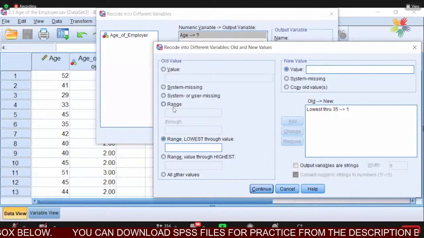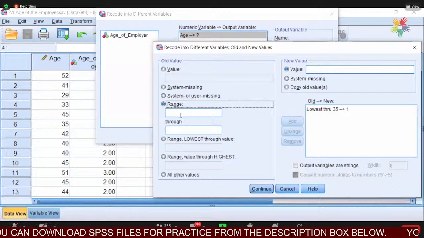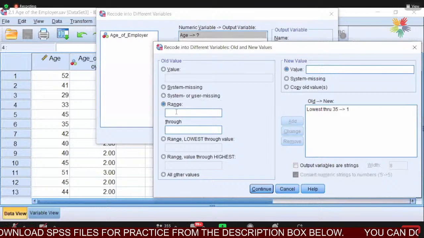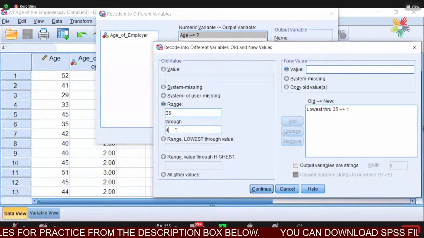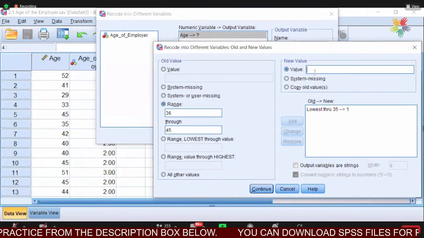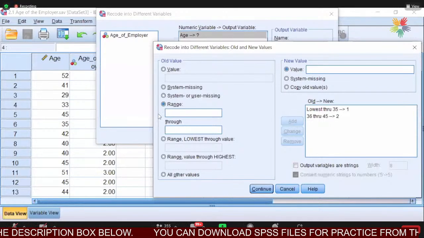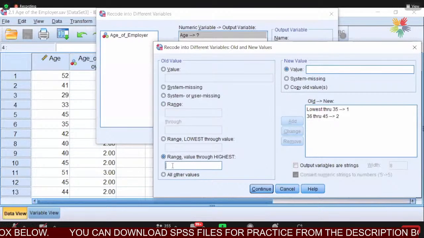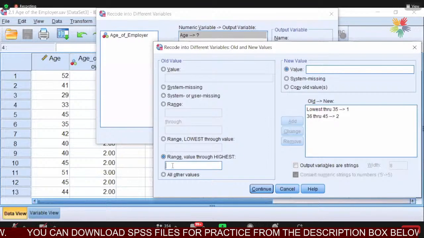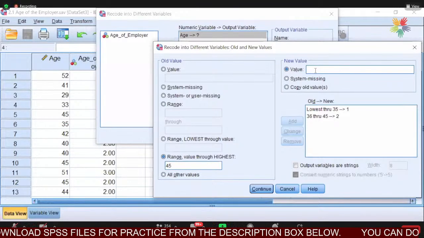Second one, if the old value is 36 to 45, my new value is 2, add. If my old value is highest, which means more than 45, let me put 3 here.